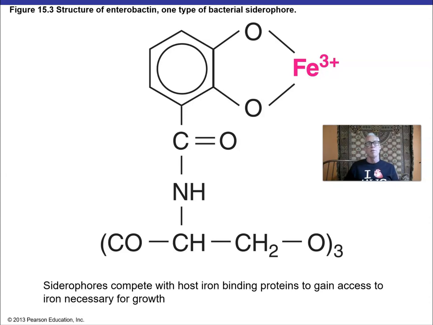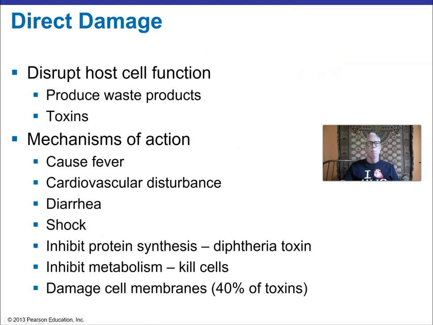Otherwise, it goes around reacting with things, and so it's kept bound to carrier proteins, and it's kept in the bone marrow and the liver, and if it's in the bloodstream on its way somewhere, it's all bound up by transferrin and other binding proteins. But some microbes produce siderophores, which are chemicals that can grab that iron, have even a higher affinity for the iron than the host's binding proteins, and so once they have access to iron, they're in business as far as being able to multiply and do what they do.